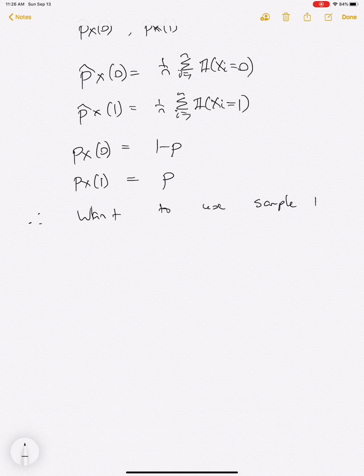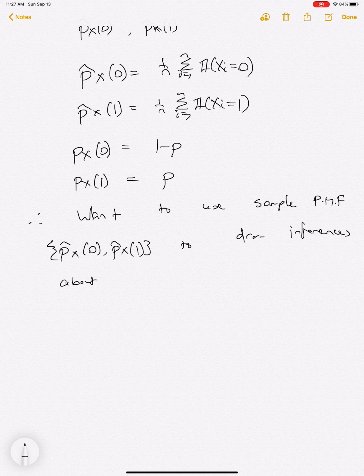So we want to use the sample PMF to draw inferences about the population parameter p.